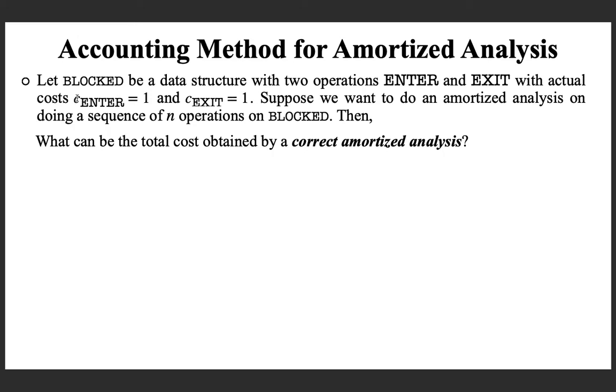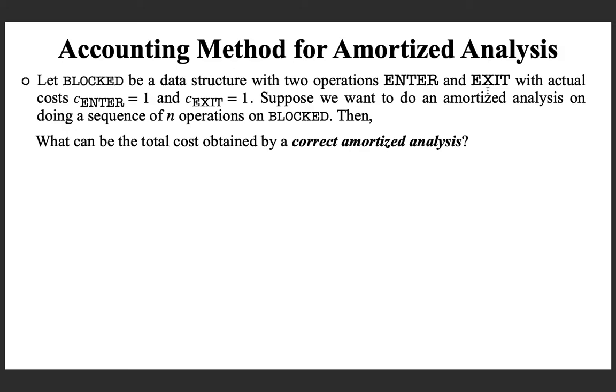That is, the actual cost of the enter operation is 1 unit of time, and the actual cost of the exit operation is again 1 unit of time. Suppose that it is given to you. Now we want to do an amortized analysis on this data structure Block, when we do a sequence of n operations, where each operation can be enter or exit.